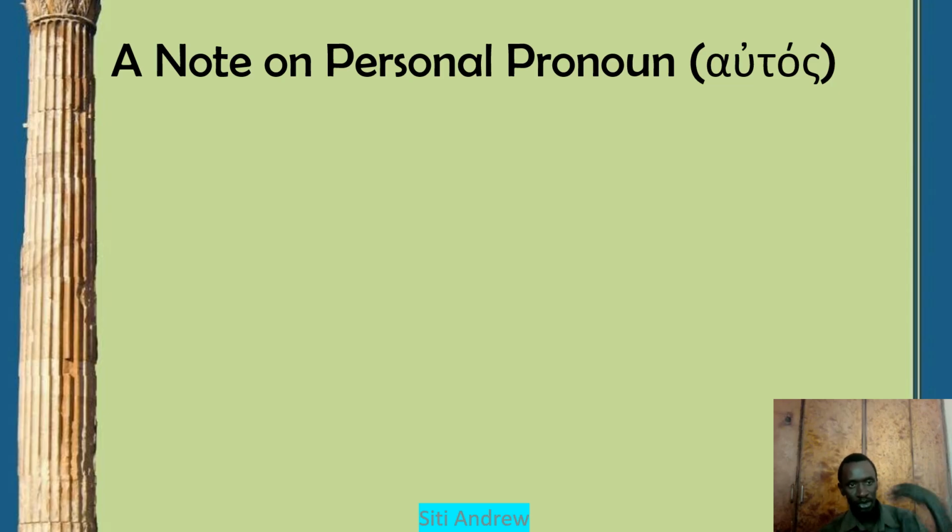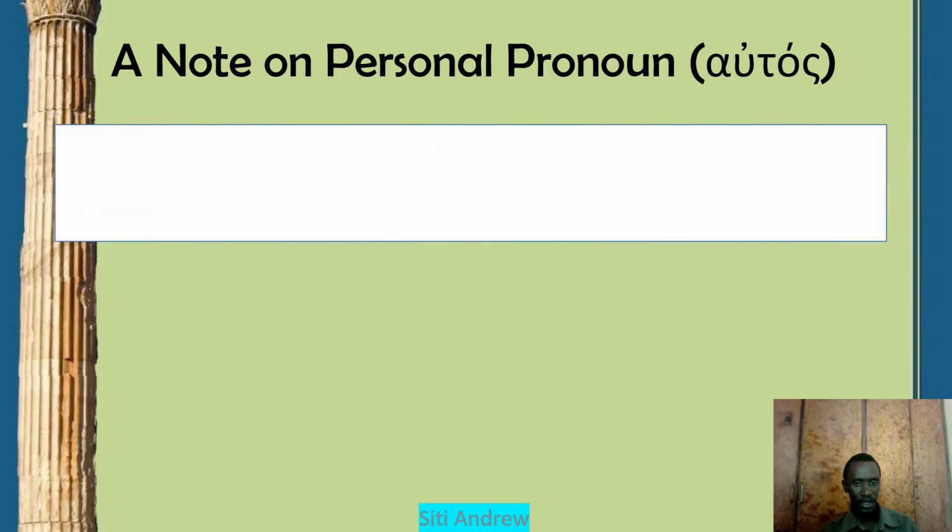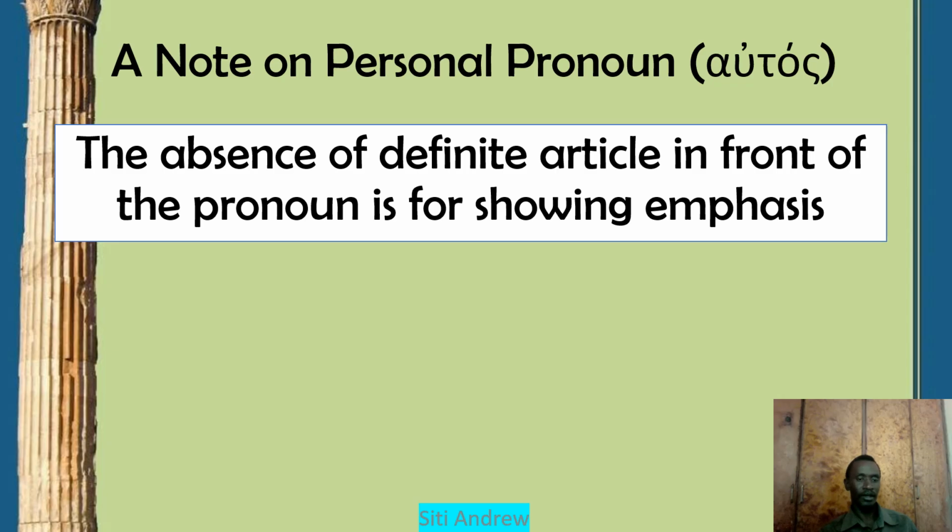One of the things that you need to know about the personal pronoun autos is that sometimes a third person personal pronoun can be used as an adjective or to show emphasis. So how does this come to pass? What we're trying to say is, let's take the absence of the article.